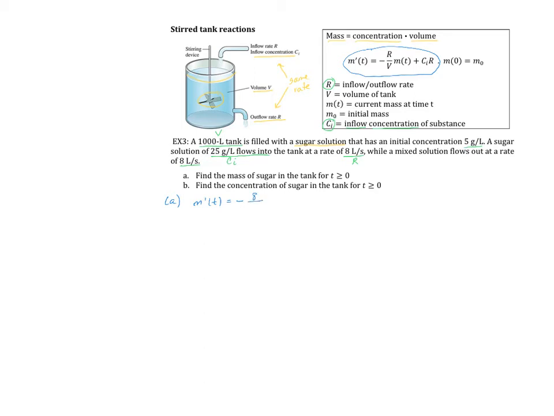And I'm going to leave off the units. I'll put them on at the end. V is the volume of the tank, which is 1,000. Okay. M is what we want to find, plus the C sub I is 25. And then R again is 8.